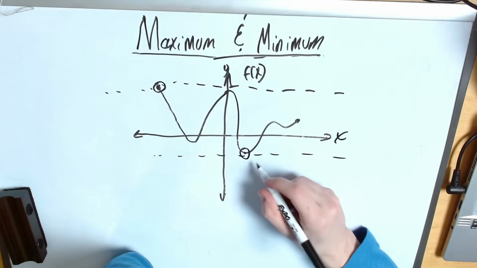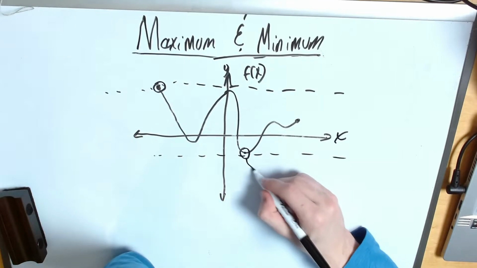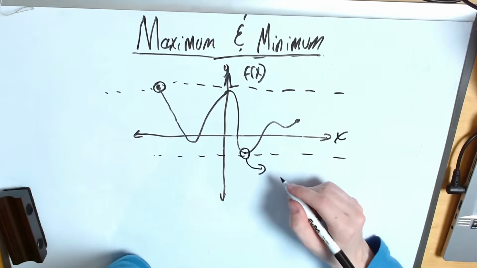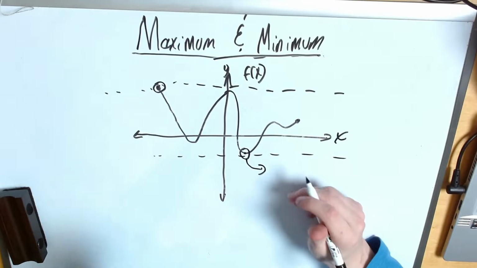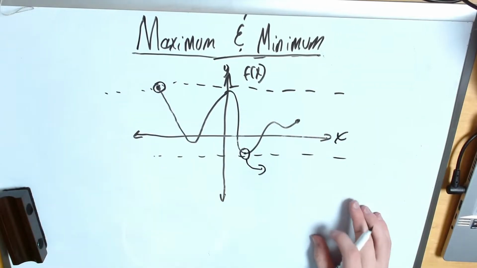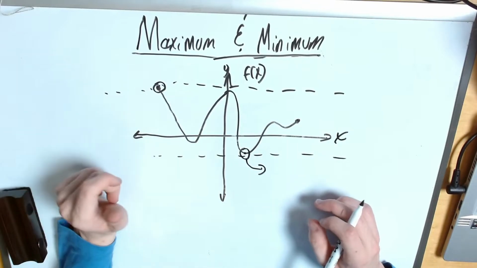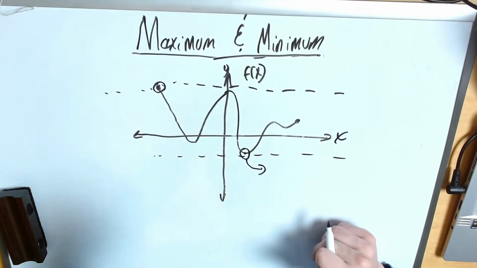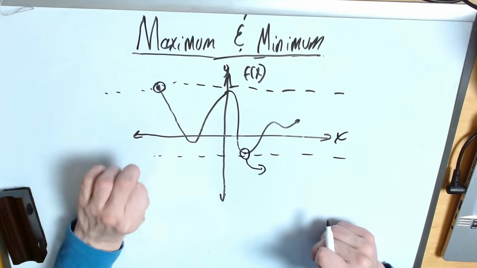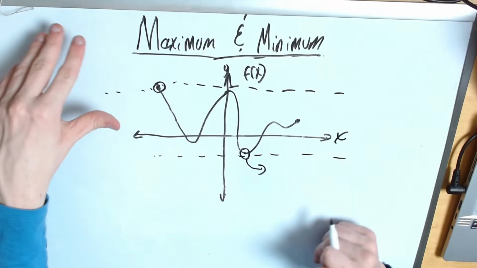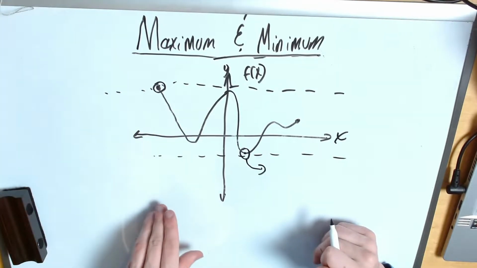So what they called these were maximums and minimums. And when referring to the entire graph, they call these absolute or global maximums and minimums. These are points where there was no other point in the entirety of the graph that was higher for maximums or lower for minimums.